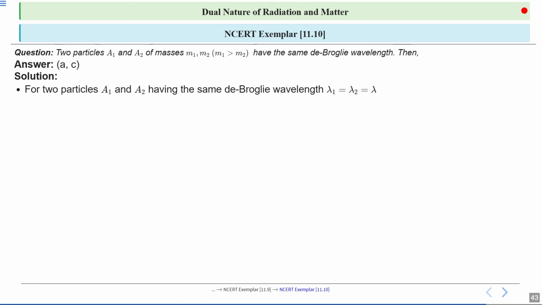The de Broglie wavelength, usually written as lambda, is a property that shows the wave-like nature of particles. Here both A1 and A2 have lambda 1 equal to lambda 2, which we will just call lambda. The formula for de Broglie wavelength is lambda equal to h upon mv, where mv is equal to p.